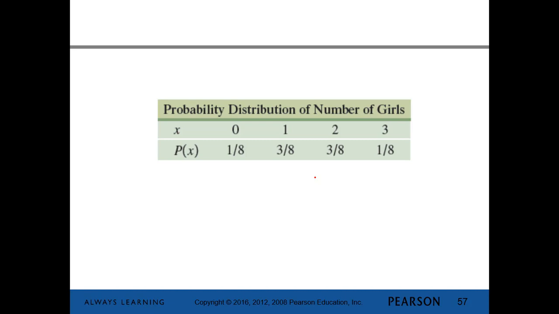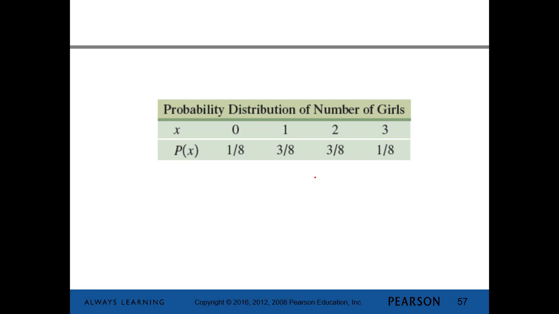So this is the distribution for the number of girls. Suppose a family has 3 children, and it says find the probability distribution for the number of girls.